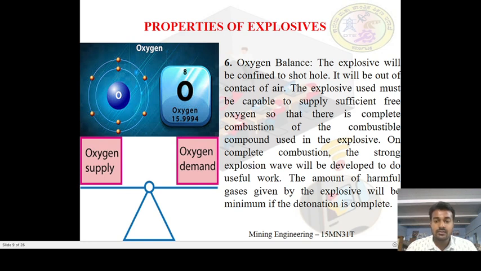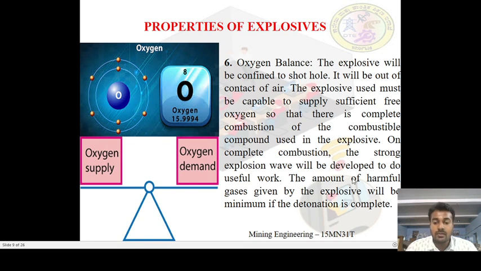In such cases, we add certain oxidizing agents to the explosives, which could supply sufficient oxygen so that there is complete combustion of the combustible compounds used in the explosives. On complete combustion, a strong explosion wave will be developed to do useful work.